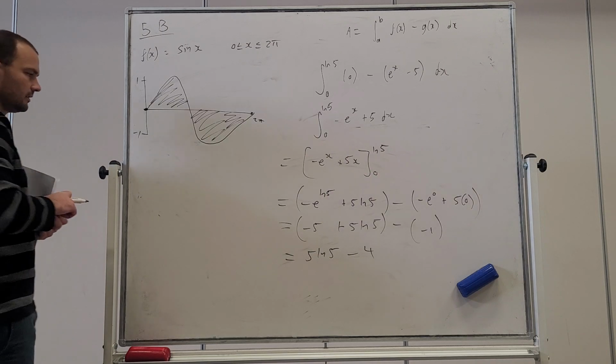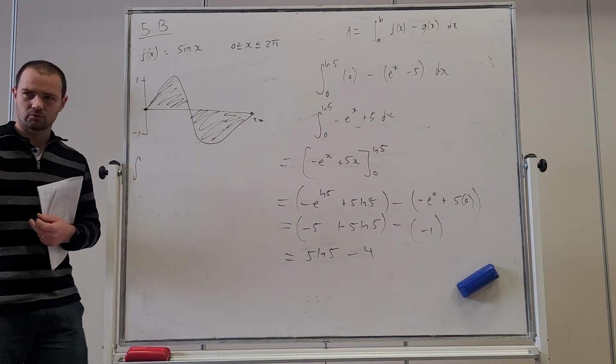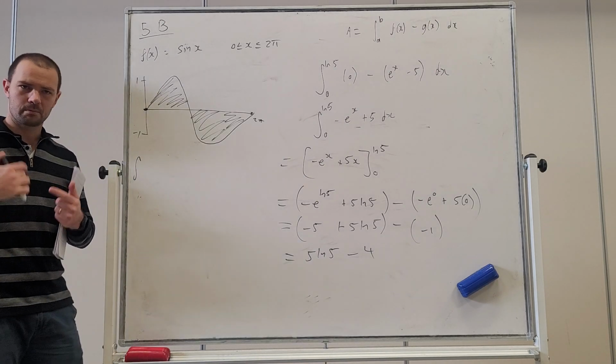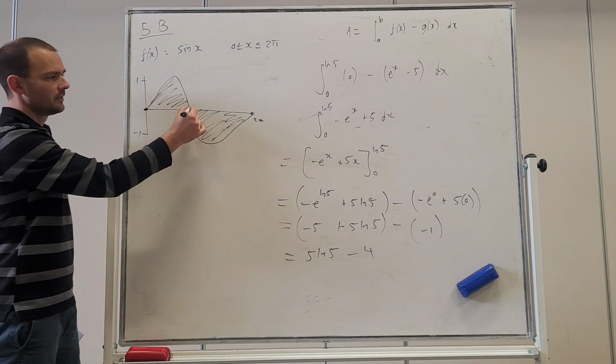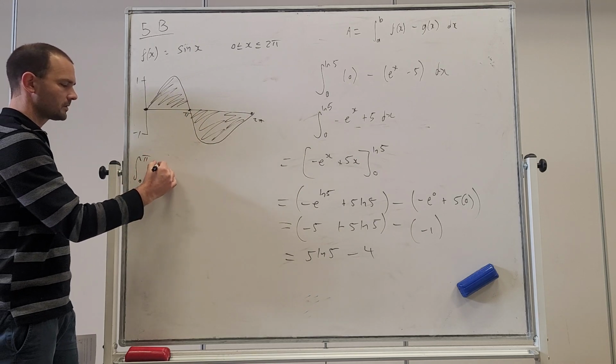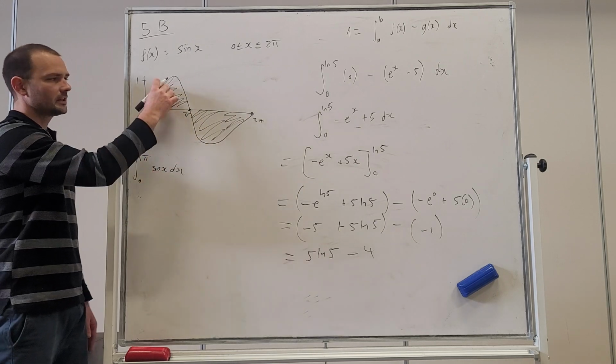And so, for the initial statement, we can treat it two ways. If we wanted to be very precise, knowing what we understand, this point here, halfway, is pi, so we would have the integral from 0 to pi of sine of x. That's going to give us the top area.